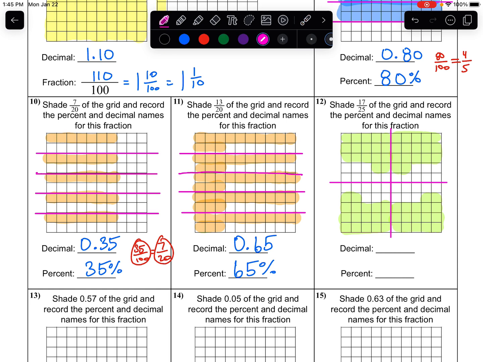So I have just shaded 68 out of 100, or 68%. The decimal is 0.68, or 68 hundredths. And guess what? If you reduce 68 over 100, you would get 17 over 25.